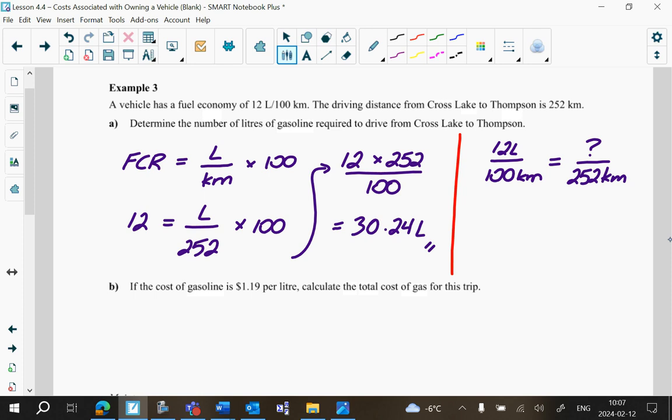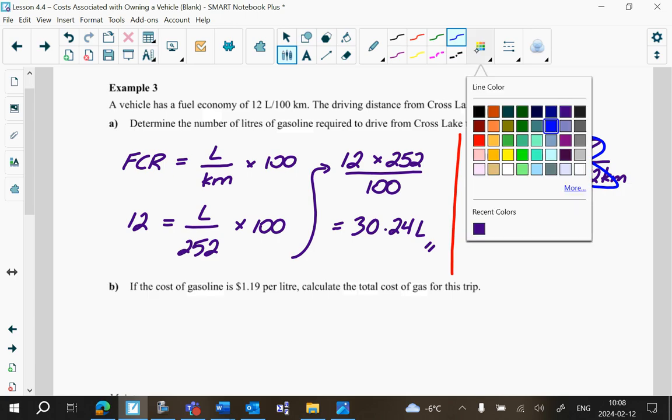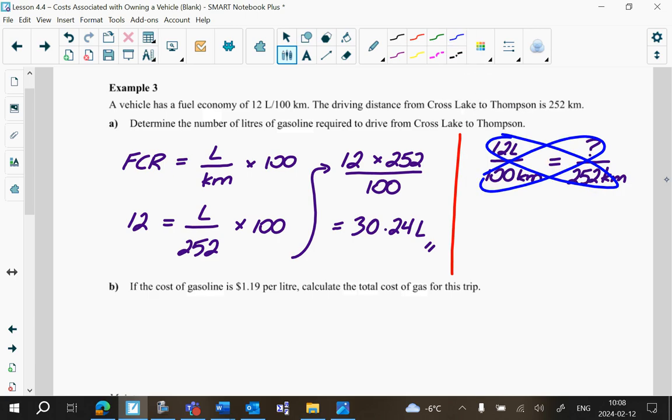We cross multiply. So to find my question mark, I am going to do 12 times 252, and then divide by 100, which you notice is the exact same thing that we did. Either method will get you the same answer.